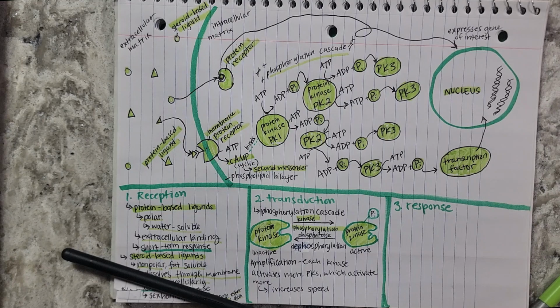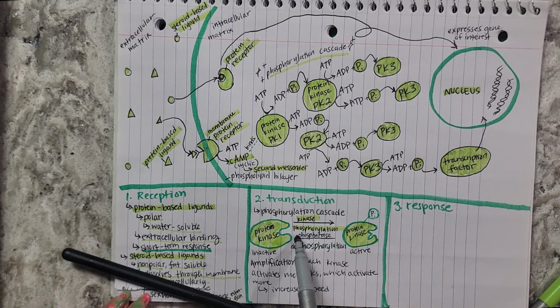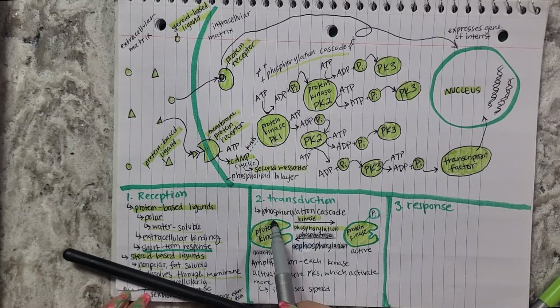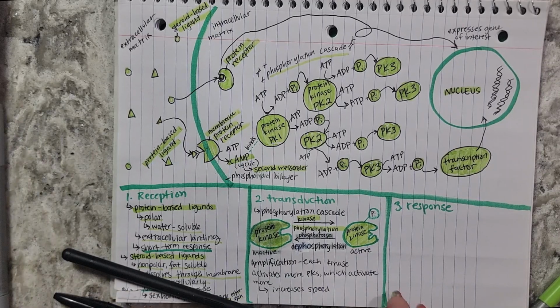I have a gray marker, which kind of shows inactivation. You don't have to use a gray marker, but a phosphatase is going to dephosphorylate, and that'll be, oh, I should have drawn this one gray. That's inactive.